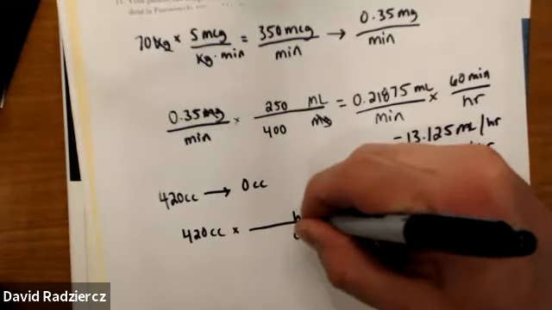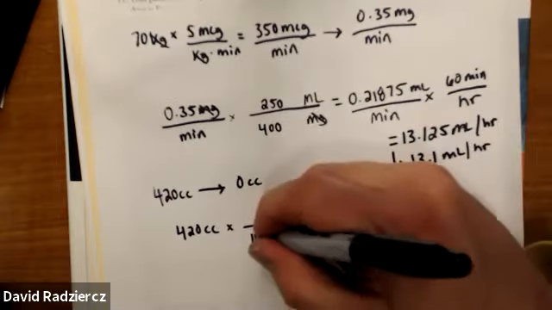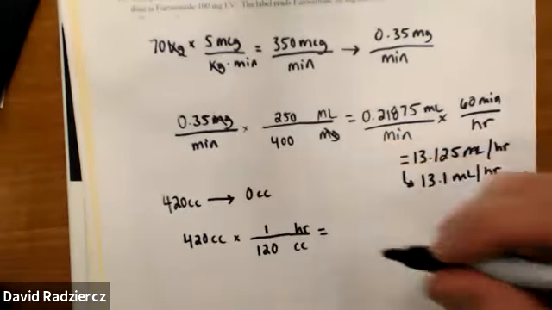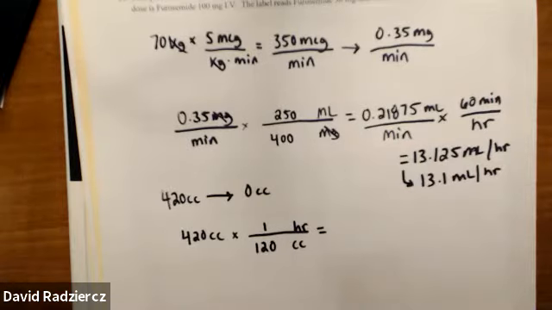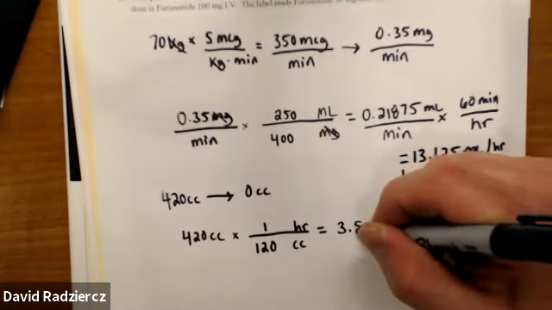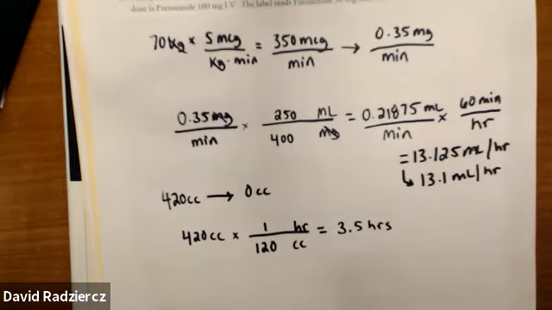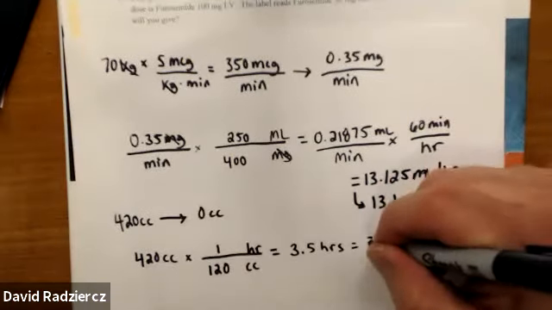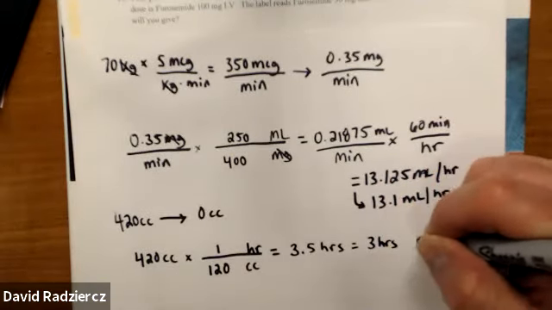So we want to get rid of the cc's. So we put that 120 in the denominator per hour. And then we just plug that in and we get 3.5 hours, which is the same thing as 3 hours and 30 minutes.